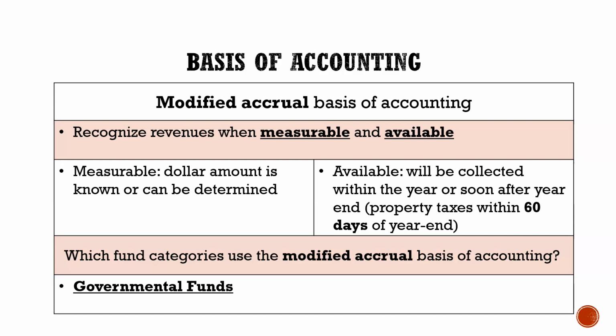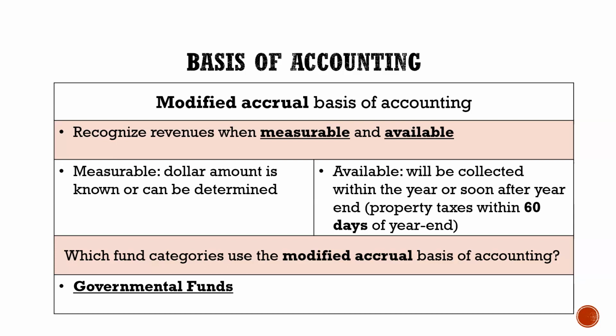But in most instances, the vast majority of our revenue, like we talked about, is generated from levying of taxes. Again, with those taxes, there is no exchange of a good or a service, really. And so we can't really recognize the revenue when we earn it because we've done nothing to earn that revenue.